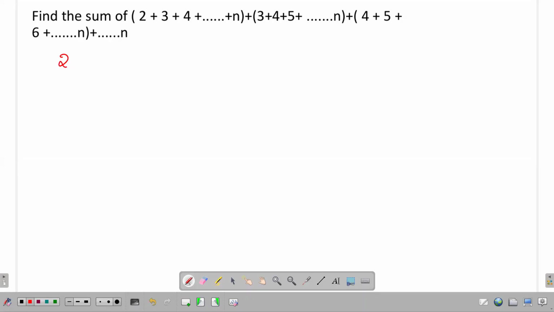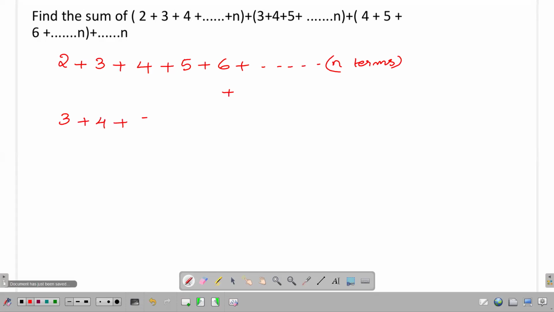in this manner. See, it is 2 plus 3 plus 4 plus 5 plus 6 plus etc. up to n terms. Okay. Now, plus, I am considering the second lot there. That is 3 plus 4 plus 5 plus 6 plus 7 plus etc. That is also added up to n terms.